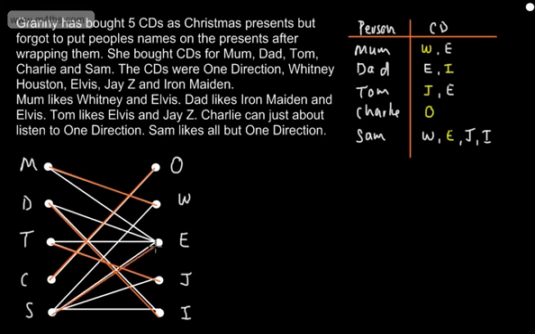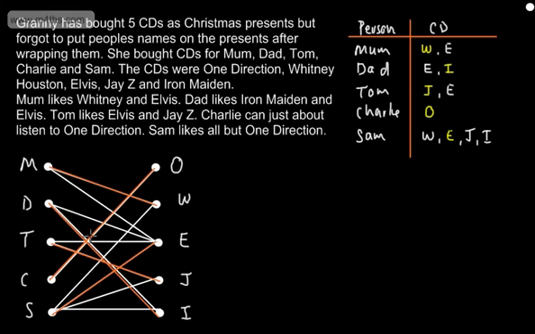As we can see, we've got a complete matching. This complete matching is not necessarily unique. So if we looked at this point right here, I could actually swap Dad and Sam over as one possible example. I could swap Mum and Sam over as well. So the complete matching is not necessarily unique.